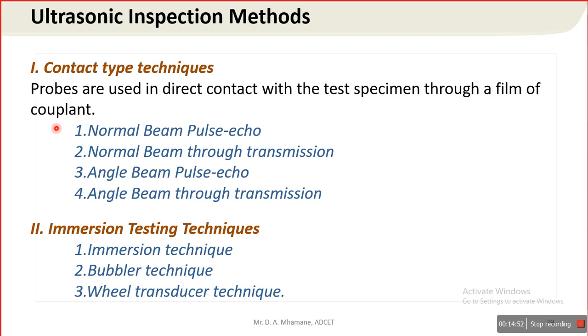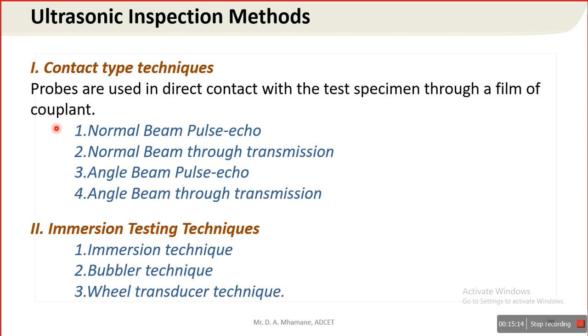Means the probe is directly applied on the material, and there is only the smallest film of couplant in between the transducer and specimen. So it is called the direct contact type technique.